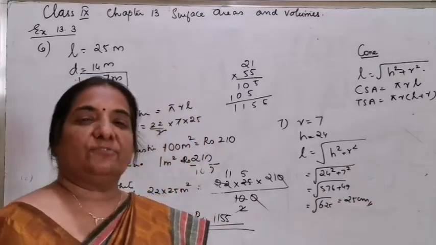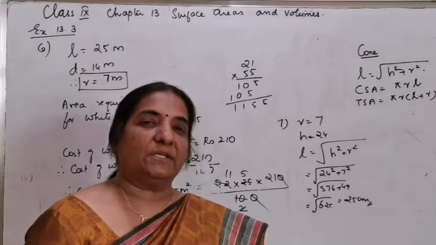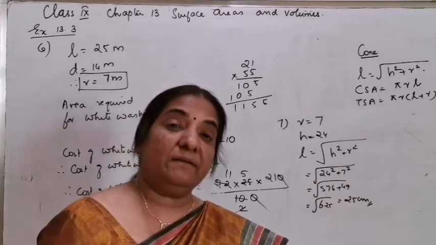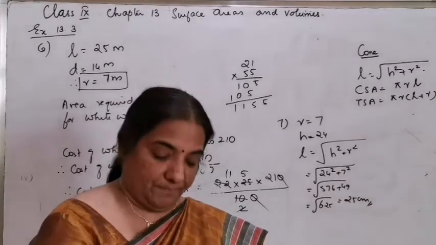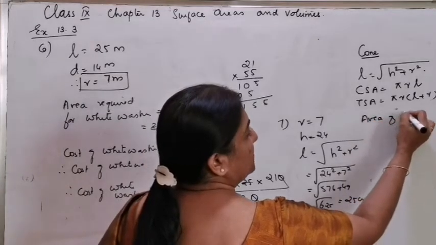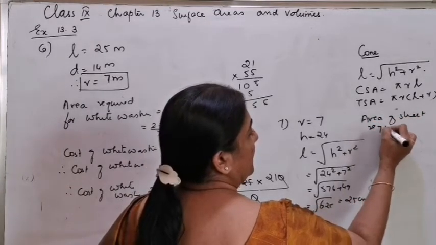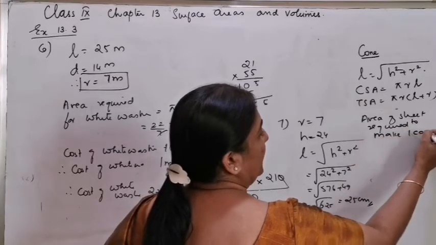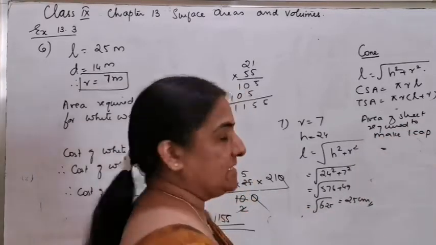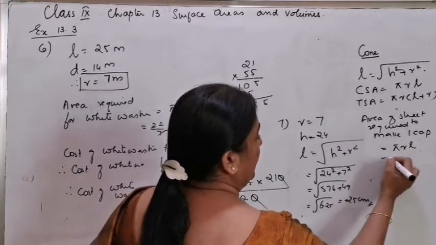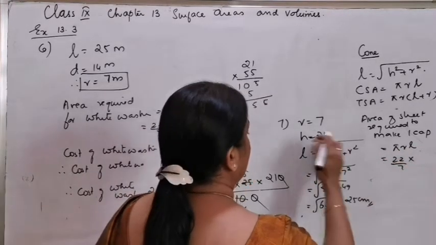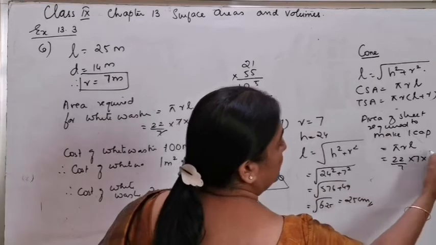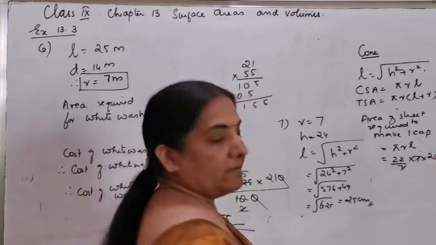Be familiar with some of the square numbers as well as square roots. It will help you in writing the exam faster. Area of sheet required to make one cap is equal to the curved surface area, pi r l, 22 by 7 into 25.